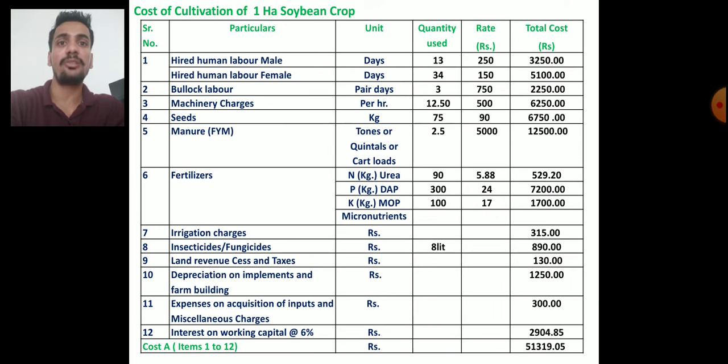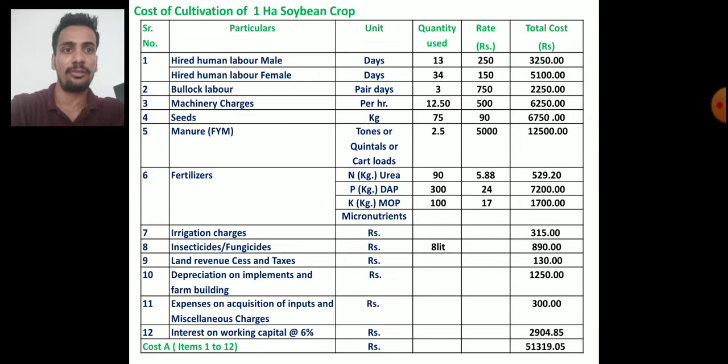I have chosen urea as the nitrogenous fertilizer. To give 25 kg of nitrogen, I have to apply up to 90 kg of urea. You can calculate this, because the nitrogen percentage in urea is 46%. Likewise we have to calculate for phosphorus and potassium also.